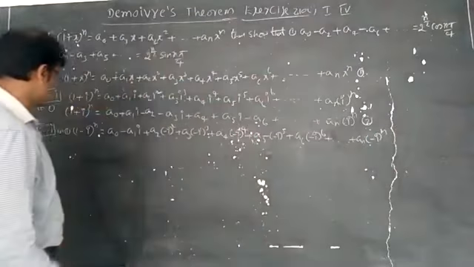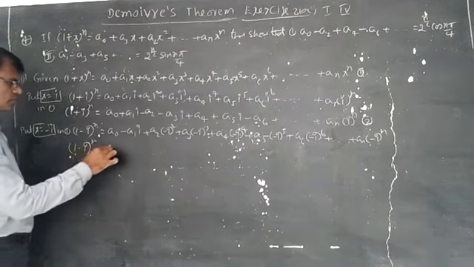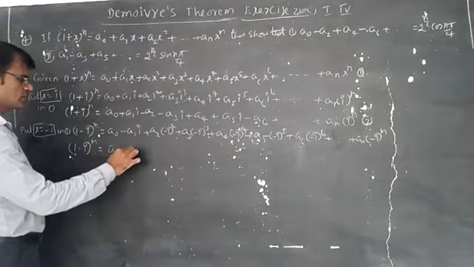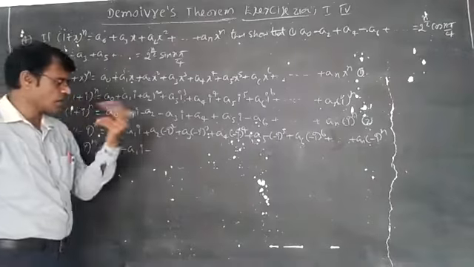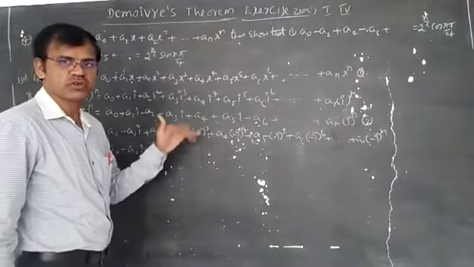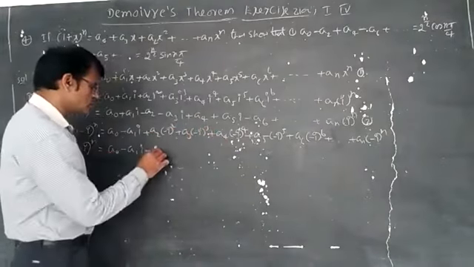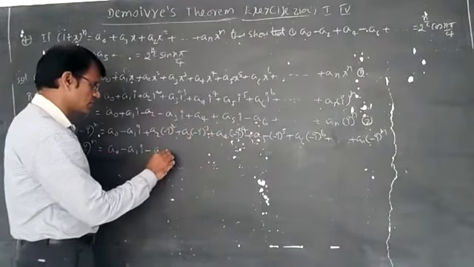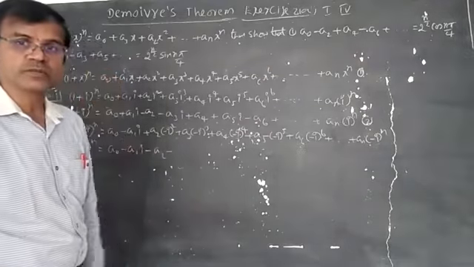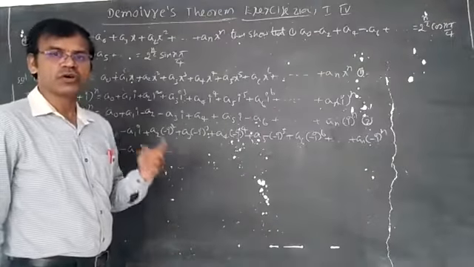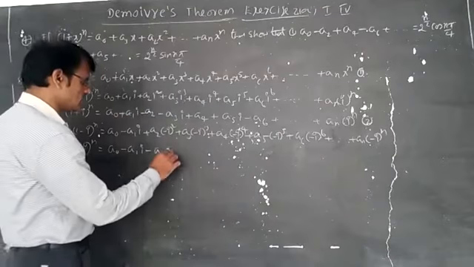Now let us expand. (1 minus i) whole power n is equal to a0 minus a1 i. (Minus i) whole squared is i squared, because (minus 1) whole squared is 1, and i squared is equal to minus 1, so you write here minus a2. (Minus i) whole cubed: (minus 1) whole cubed becomes minus 1, i cubed becomes minus i, so this is plus a3 i.